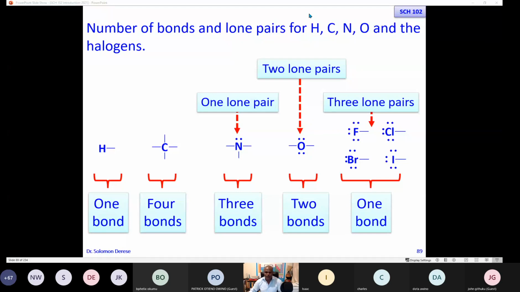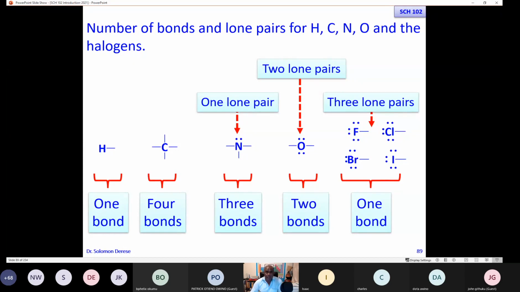And for example, if you take a molecule of water, H2O, when you look at the oxygen in water, it has formed 2 bonds with hydrogen. Each of the bonds will bring 2 electrons.